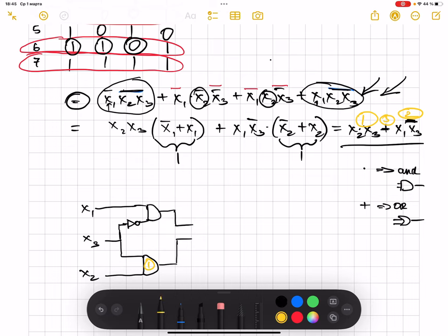Let me denote that as the second operator, and the third operator is OR. So this is our final result, which equals f equals x2 multiplied by x3 plus x1 multiplied by x3 bar. So this is the end.